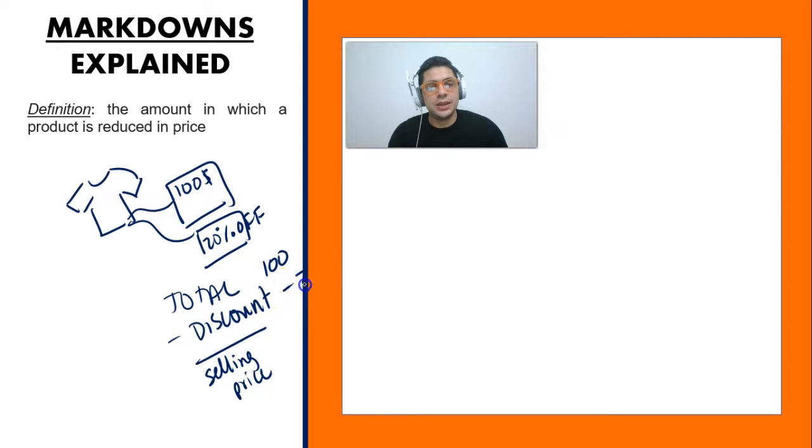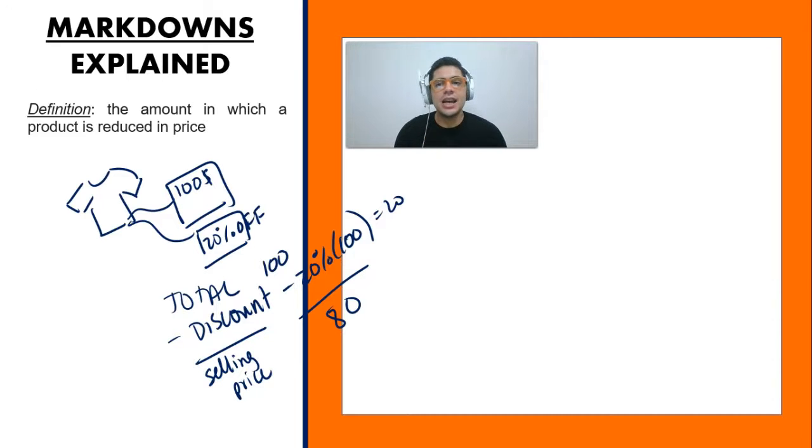The discount would be 20% of 100, which is $20. That means the selling price of that shirt would be $80. So this is how markdowns work. It's basically the amount by which the product is reduced in price. So the markdown here would be 20%, which in this case is equivalent to $20.